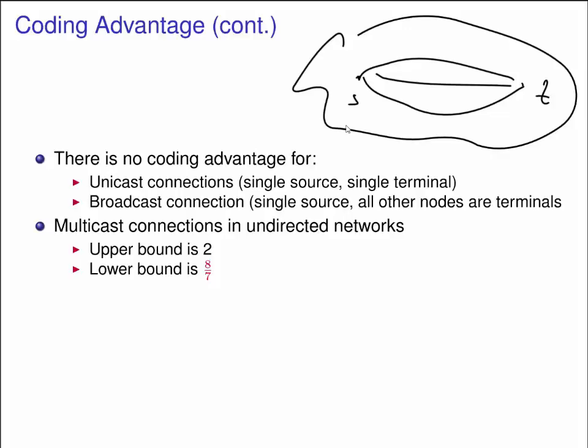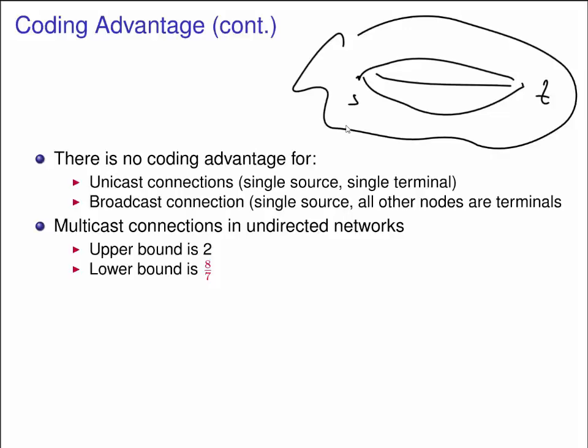However, as we see later, if we are not only interested in throughput but also in some other properties such as achieving robustness against edge failures, then network coding can give us an advantage even in this case of unicast connections. Another setting for which network coding doesn't give any advantage in terms of throughput is broadcast connections.